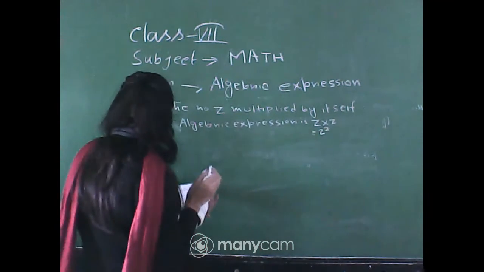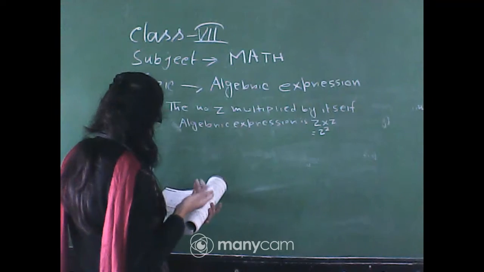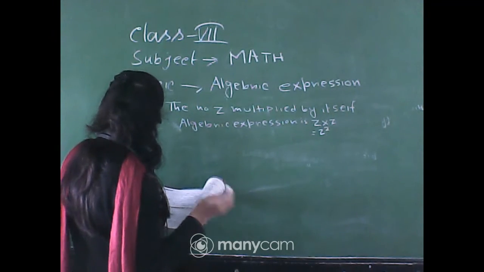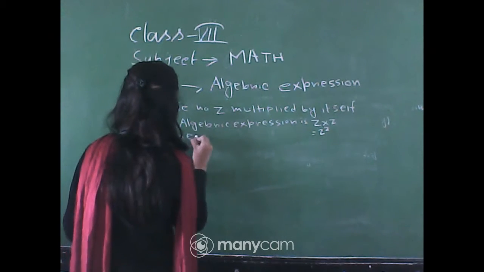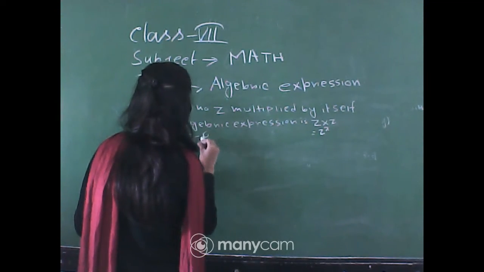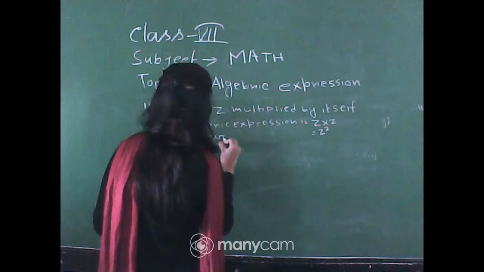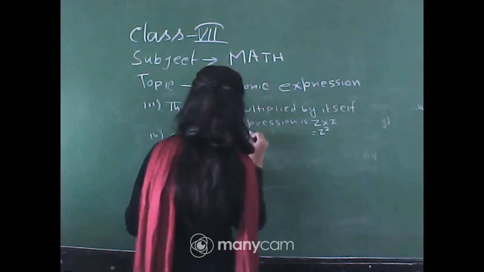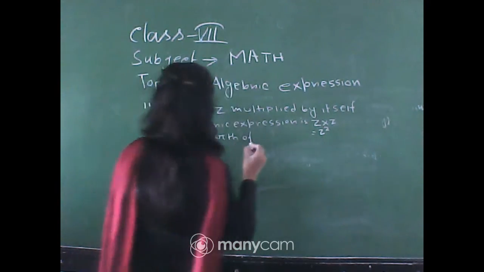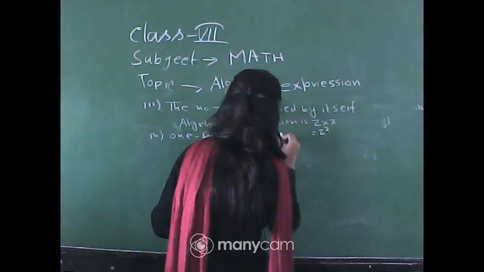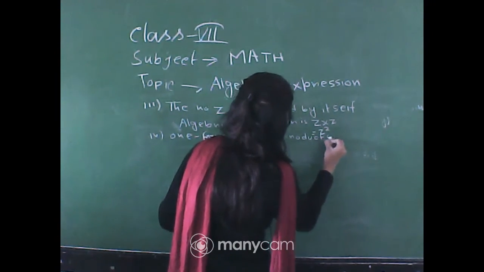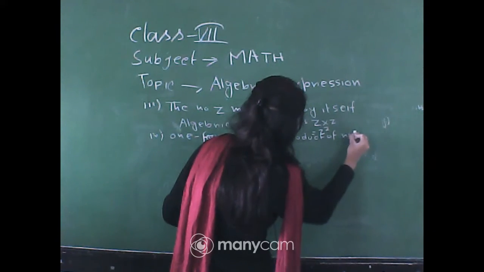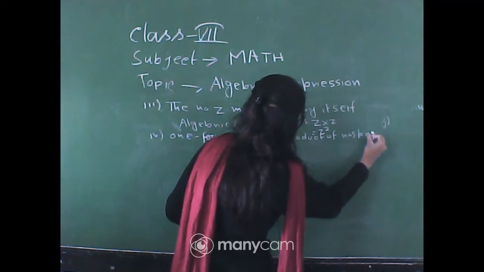Next, question number 4. One fourth of the product of numbers p and q.